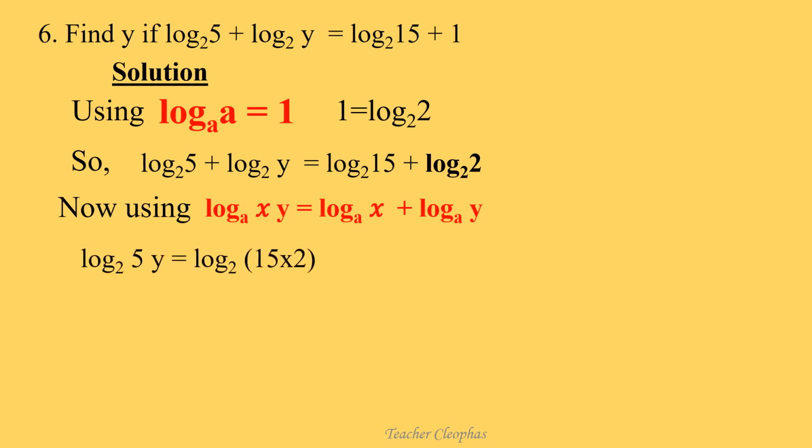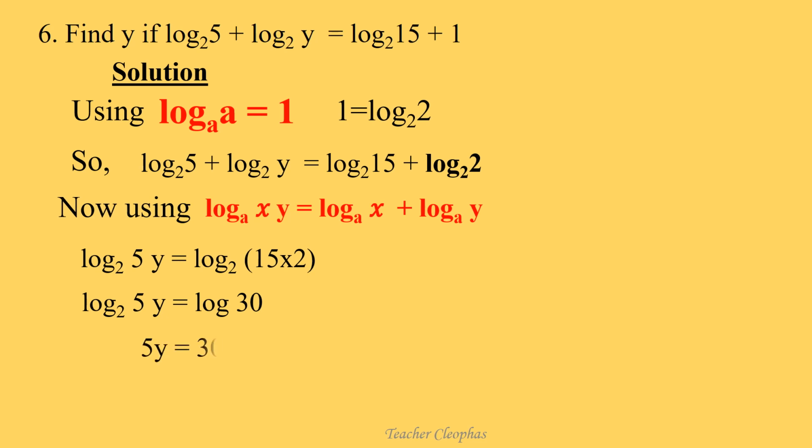This can be written as the logarithm to base 2 of 5y equals the logarithm of 15 times 2 to base 2. 15 times 2 is 30, so we can write the logarithm of 5y equals the logarithm of 30, everything to base 2.